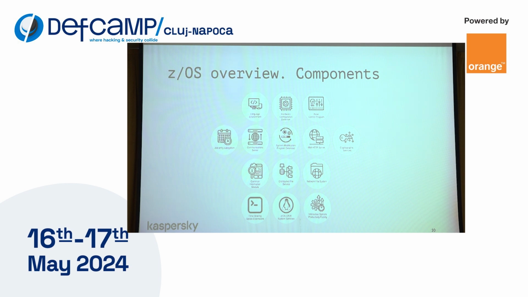This system is rarely presented to customers. I think the main reason is its narrow focus and high cost, and I think it is also the main reason for the small community around mainframe penetration testing.